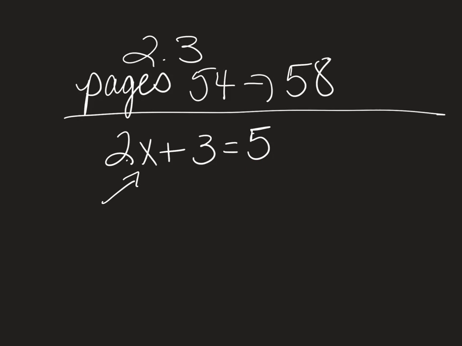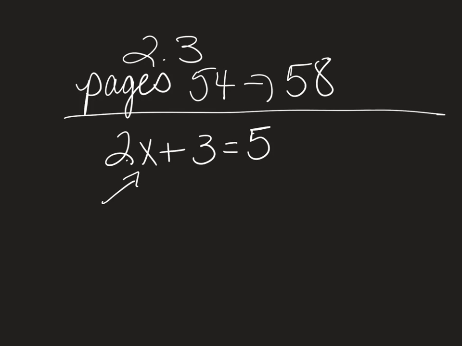What you're going to do here is move this 3 to the other side through its inverse operation. What you do to one side, you must do to the other.